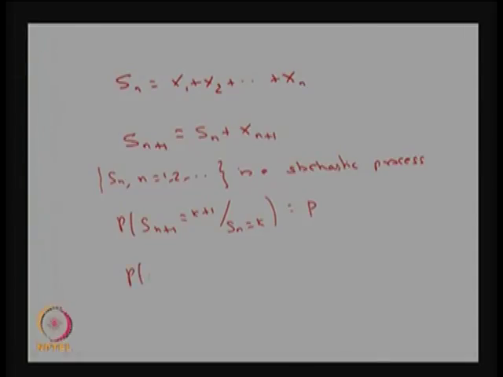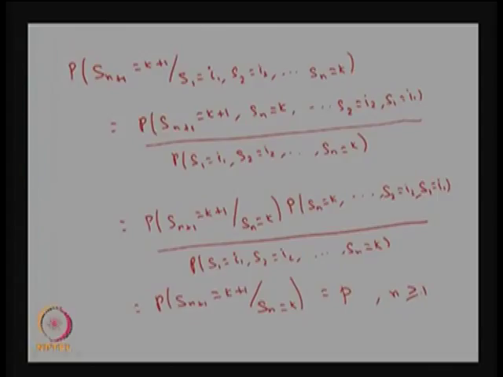Similarly, suppose Sn plus 1 takes the value k such that Sn is also k, then that is possible when in the n plus 1th trial you got the tail. Therefore, that probability is 1 minus p.